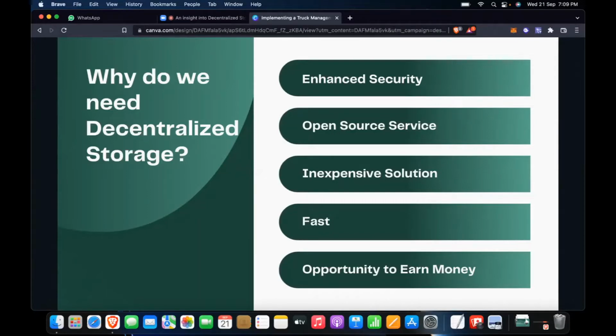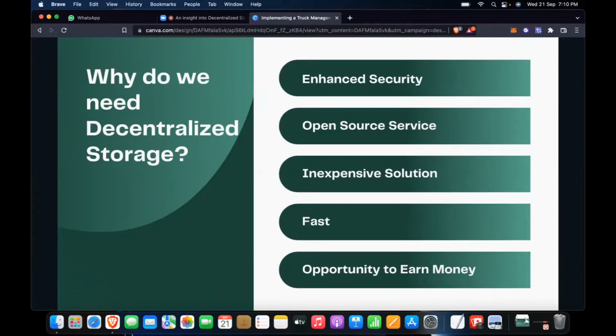So a problem with one server could lead to the data breach of all the users. In decentralized storage, this is not the case. Each and every piece of data is divided into several fragments and stored on different nodes. And each of these nodes is not even able to decrypt the data because again, it's a hash. So the security is enhanced a lot.